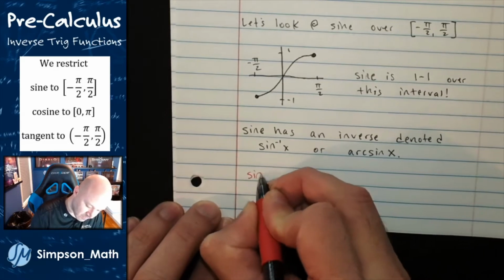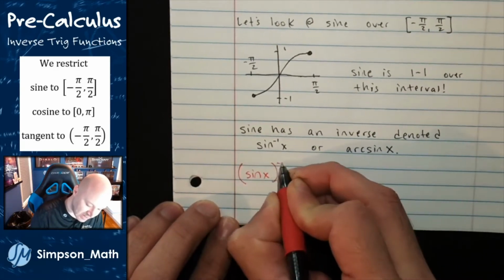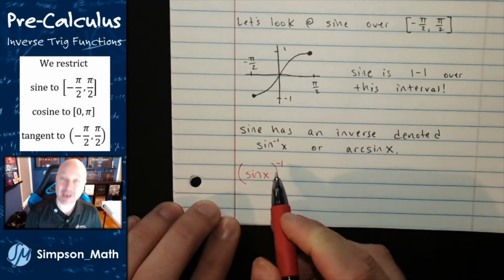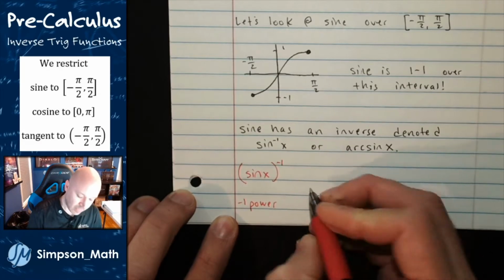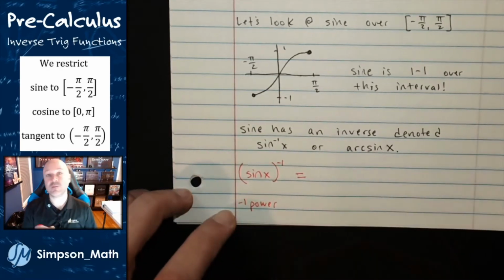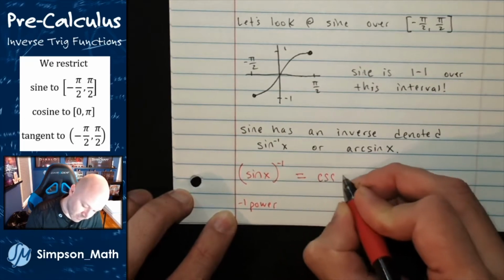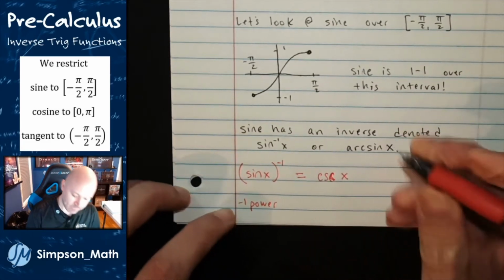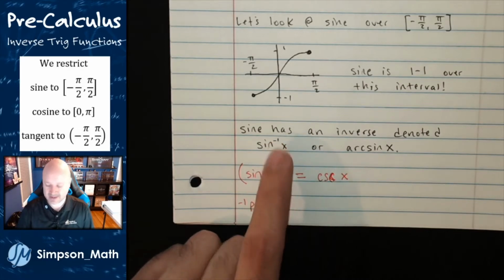Sine, if I take sine and raise it to a -1 power, that is the reciprocal of sine, which is cosecant. That's not the same thing. This -1 is not the same thing as that -1.